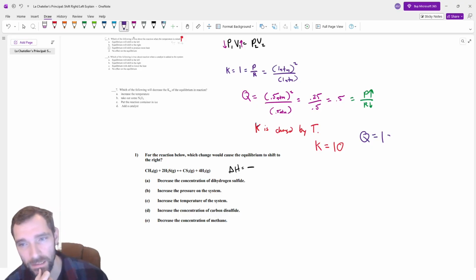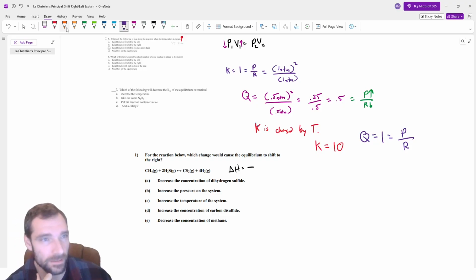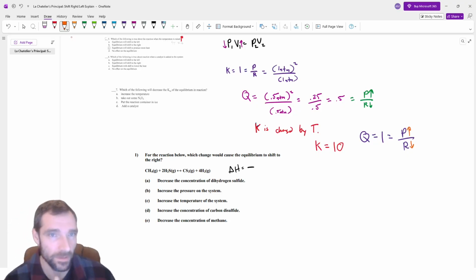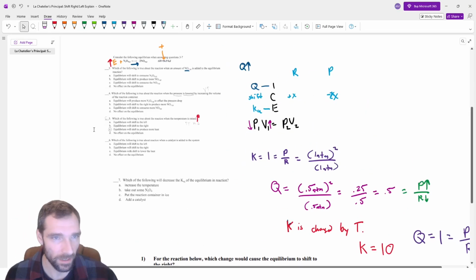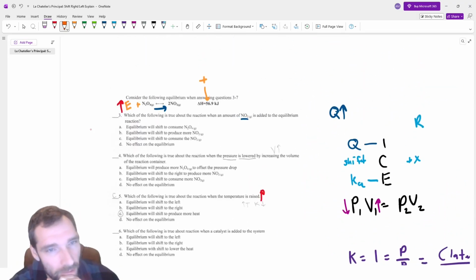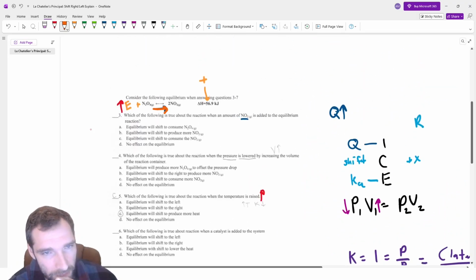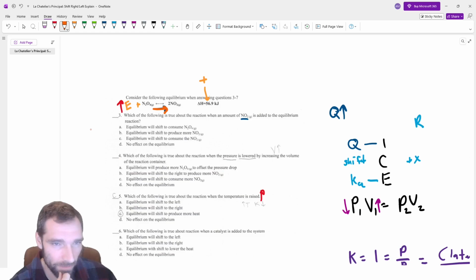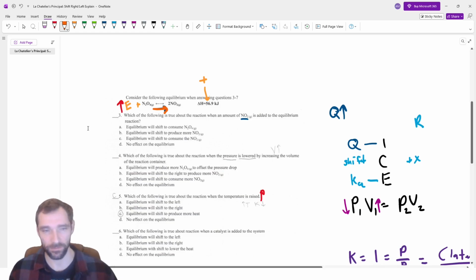But now in this situation, to get to K equilibrium, I've got to make this be bigger. So I've got to make more product and less reactant. And so we're seeing that shift to making more product and less reactant by adding this energy in for the endothermic reaction. But it would be opposite for exothermic.